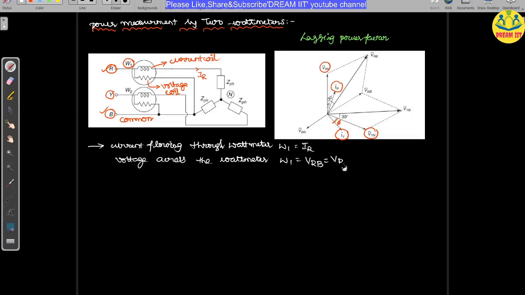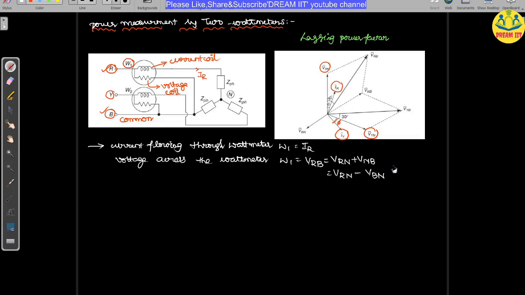VRB can be written as VRN plus VNB, as we already saw in the previous video. Or you can write it as VRN minus VBN, that is of phase voltages. So you got the voltage across the wattmeter, and the current flowing through the wattmeter.